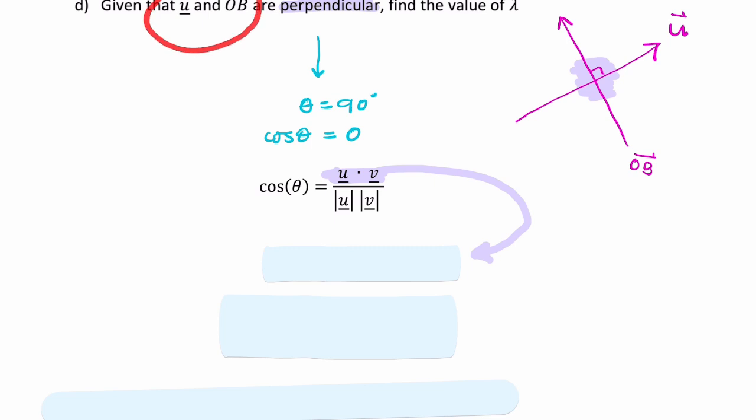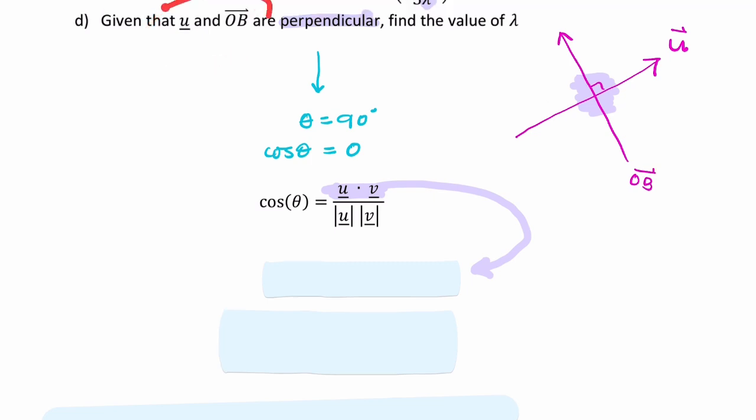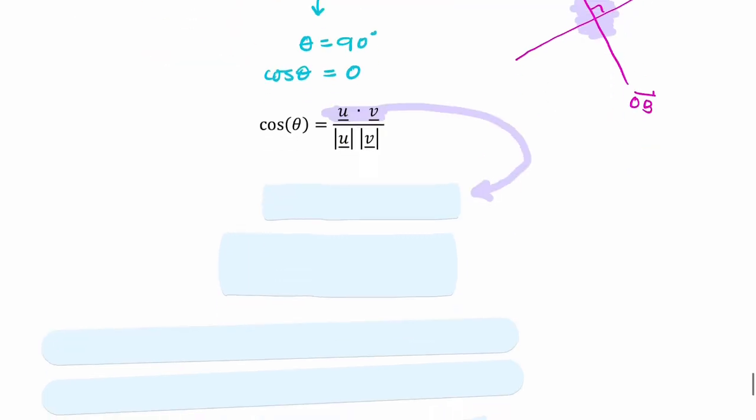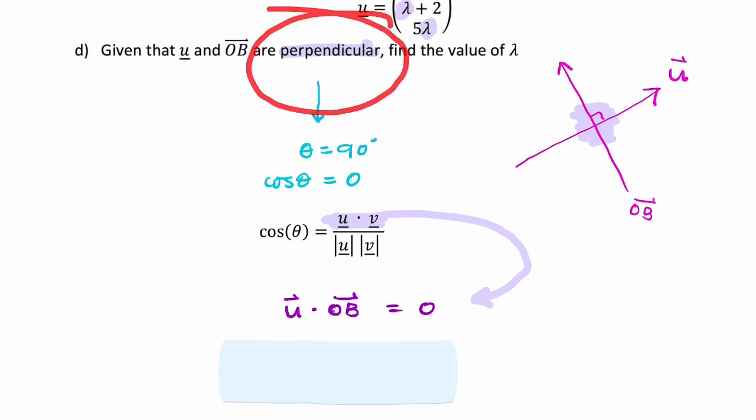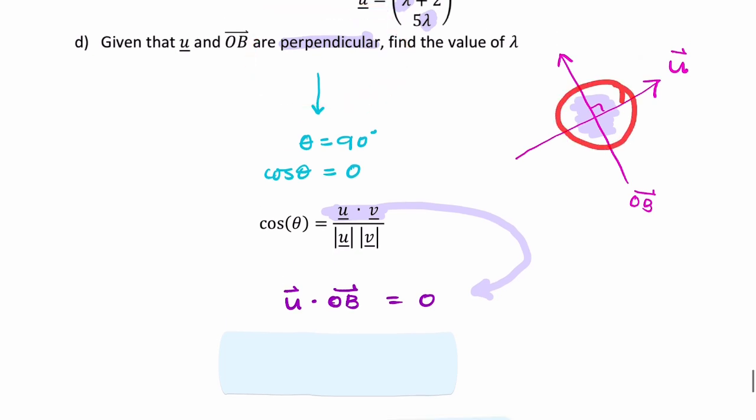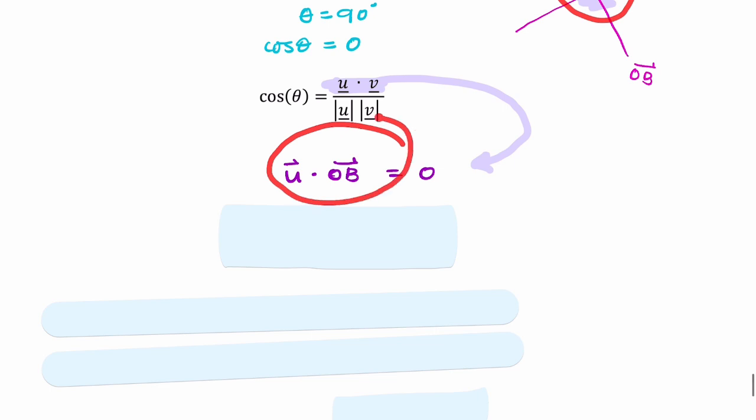So that means u and OB, if we were to multiply them, we would get 0. So u dot OB is 0. This is the really important step. Whenever you see perpendicular or right angles, you know that the dot product is going to be equal to 0.